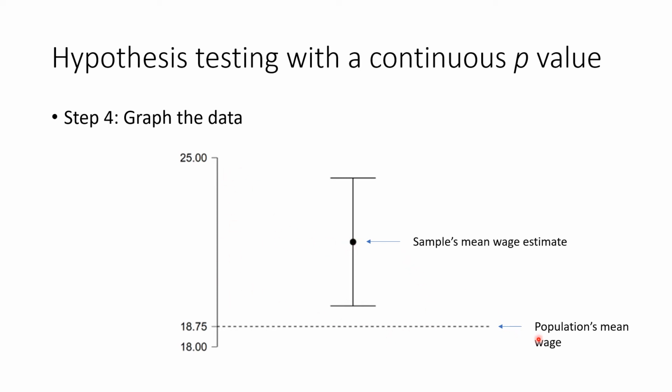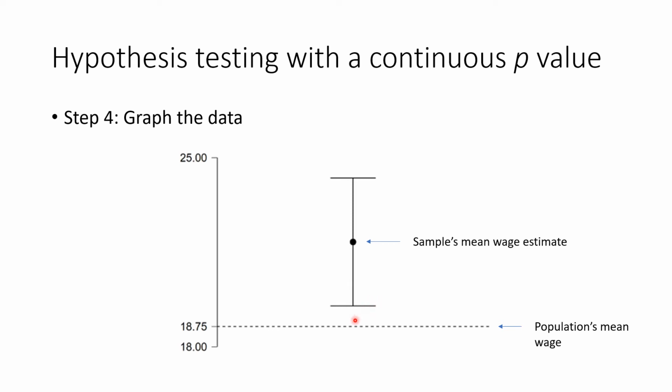And it's comparing that to the population's mean wage. So the actual population mean wage is $18.75. And here we can see that the sample is overestimating. We don't know exactly how much because we'd have to actually compute the mean, and we'll get that later, but it is overestimating. And these whiskers represent a 95% confidence interval.